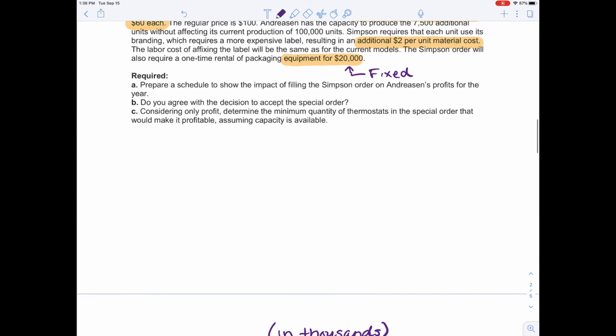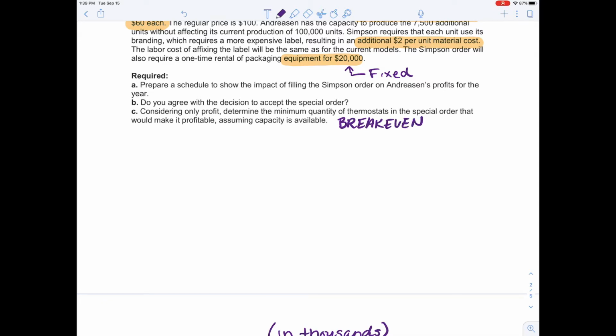But the other question is in C, determine the minimum quantity in the special order that would make it profitable, assuming capacity is available. So how many do I need to make in order to accept this special order? What this is asking is, what is my break even?